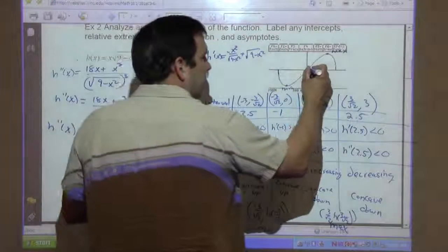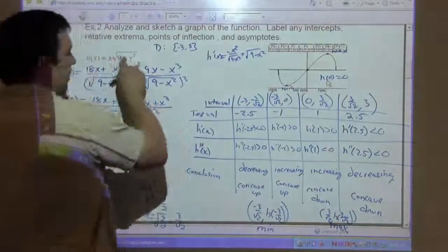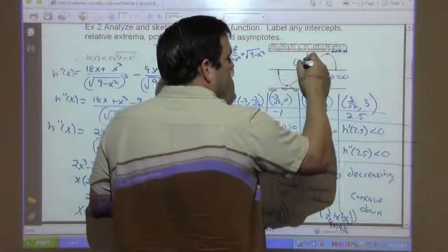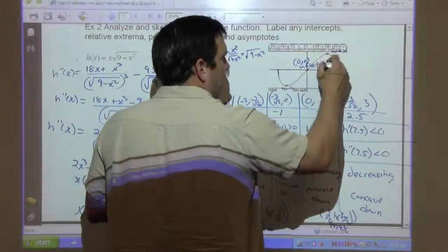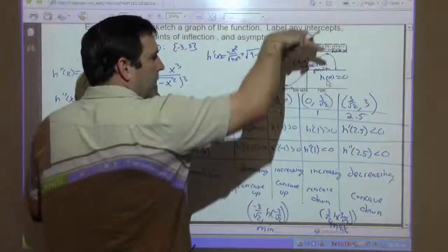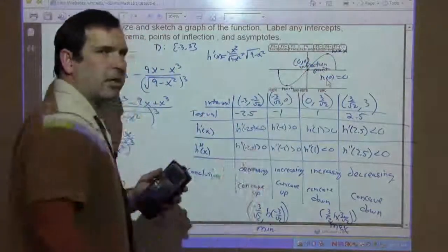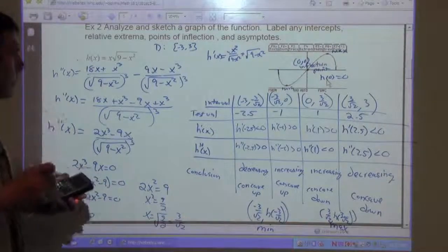What happens here at 0, 0? H of 0 is going to be 0. That's going to be an inflection point. Why do we know that? Well, it changed from going concave up to concave down. That's what an inflection point does. Okay.